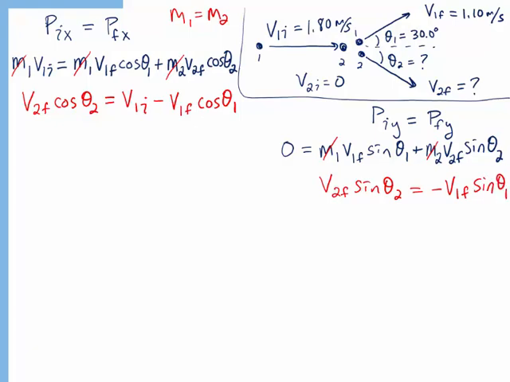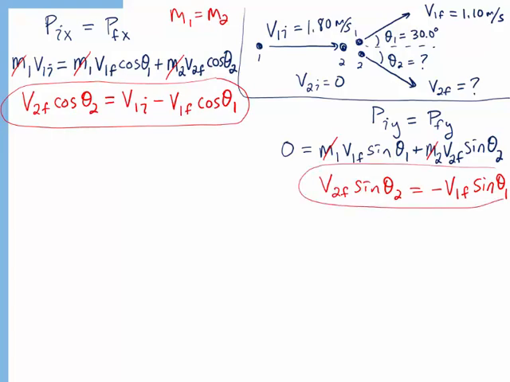Now, one of the things that you'll notice here is that I've got two equations and two unknowns, right? So we're in our standard math situation. We don't know v2 final, we don't know theta 2. There's a clever way to solve for this, and that is by dividing the two equations. I'm going to take this equation and divide by this one.